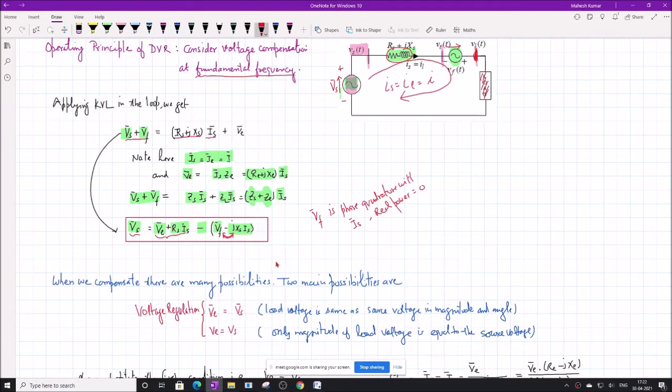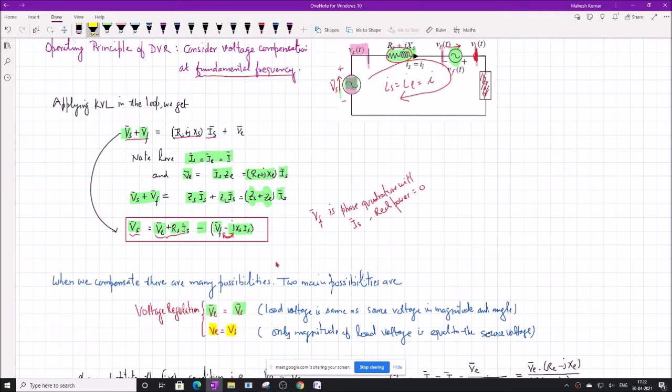According to one condition, VL is the same as VS in magnitude and phasor. This is a very important point. VL is the same as VS in magnitude and phase angle. And the second condition is that the VL magnitude is the same as VS, but the phase angle is not an important criterion.